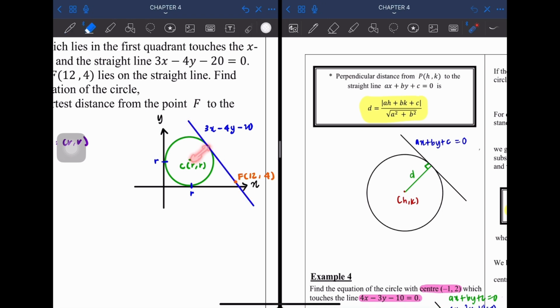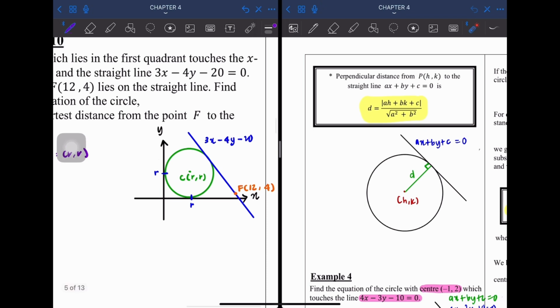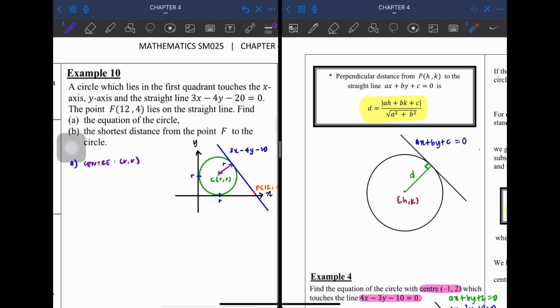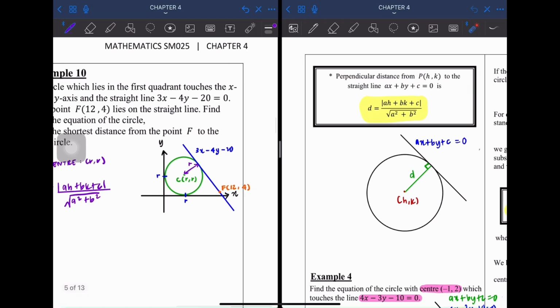Based on the formula, the distance, or the r, is equal to the modulus of Ah plus Bk plus C divided by the square root of A squared plus B squared.